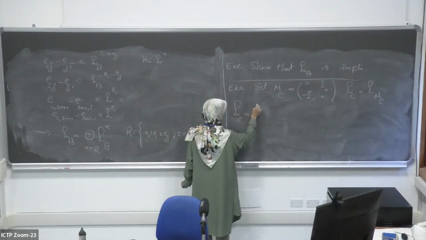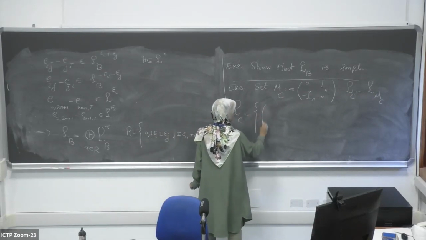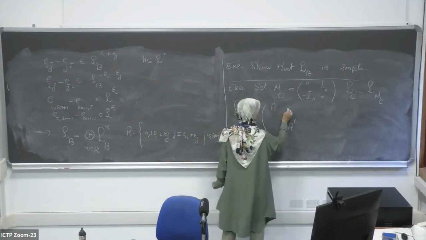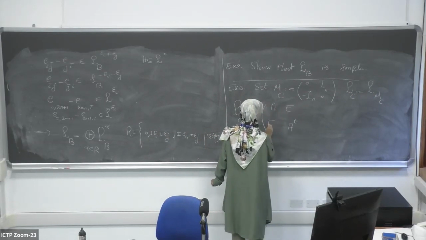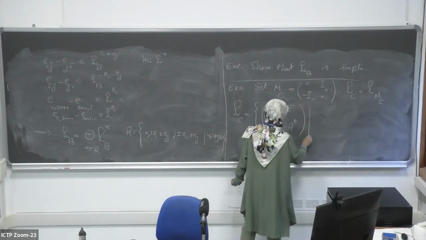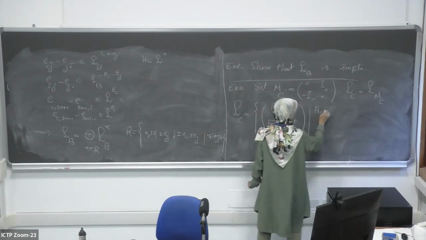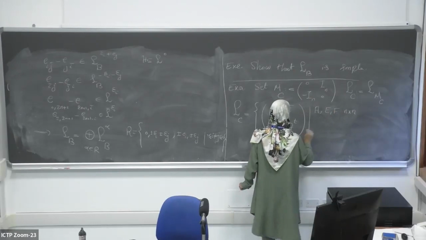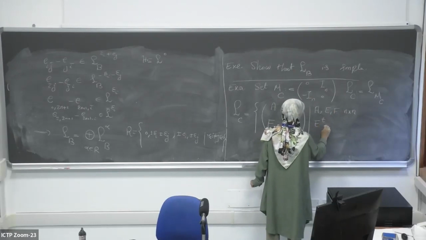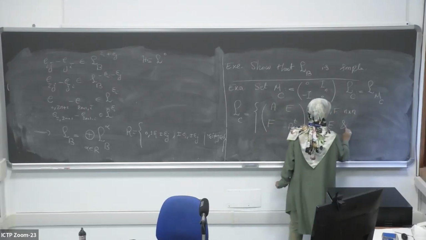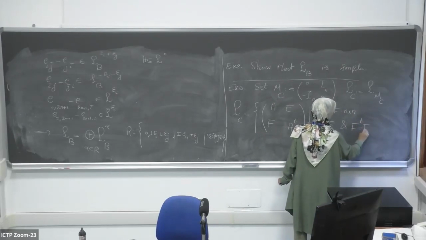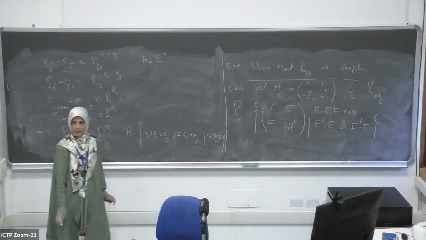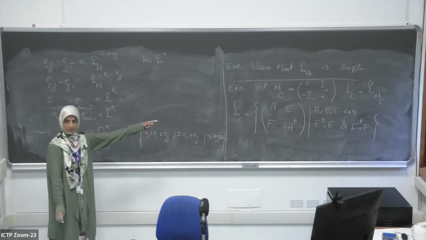You can show that L_C equals elements like this, where A is n times n, and B transpose equals B, and C transpose equals C. Okay? And we can find a basis for L_C.